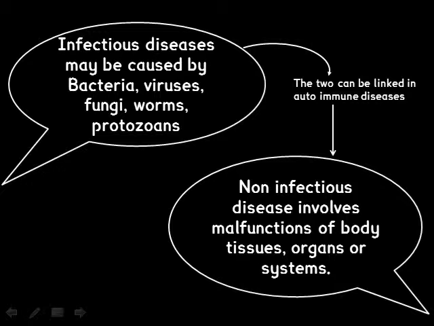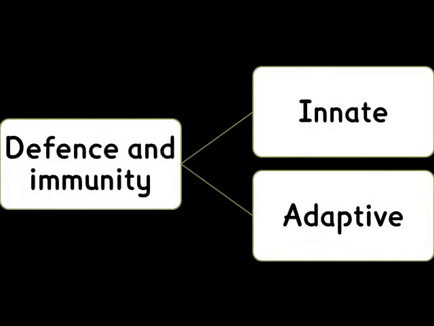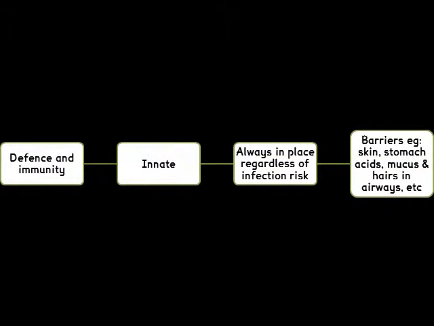In simple terms, there are two wings to our immune systems. Modern science terms them the innate and the adaptive responses. The innate response is permanently in place.